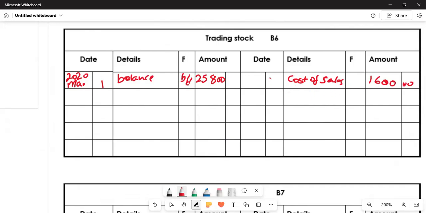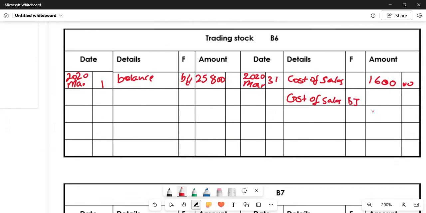You can write the date, 2020 March. Also, you're going to have our cost of sales from what? Debtors journal. You have cost of sales from our debtors journal.